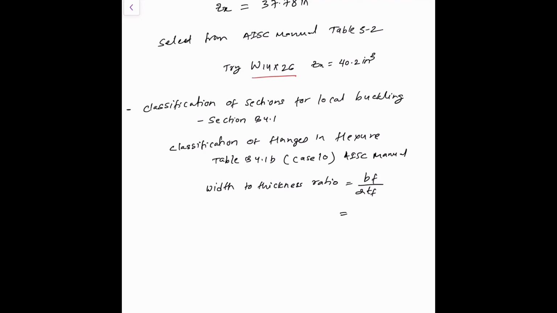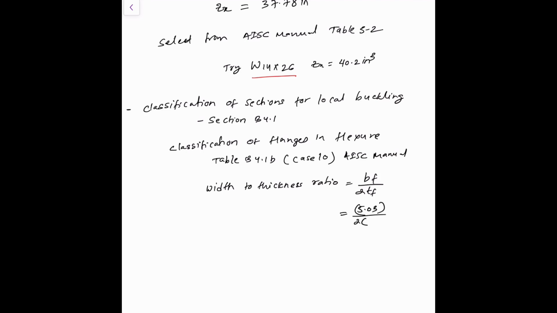So now for the W14x26 section, let's find out the value of the width of the flange and the thickness of the flange. So for W14x26, in the manual, compact for flexure with Fy equal to 50 ksi, we get 5.03.